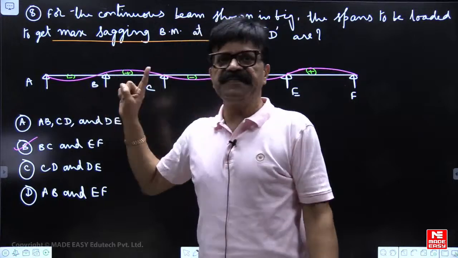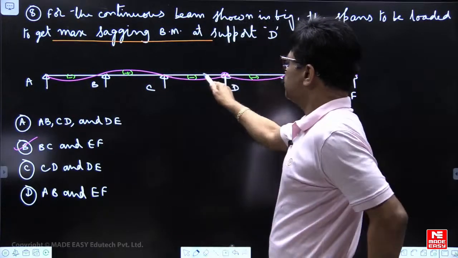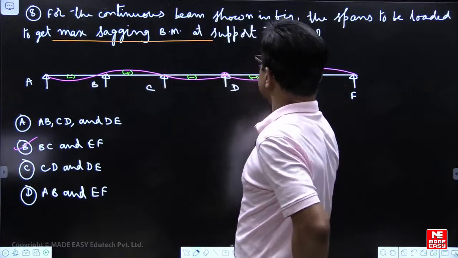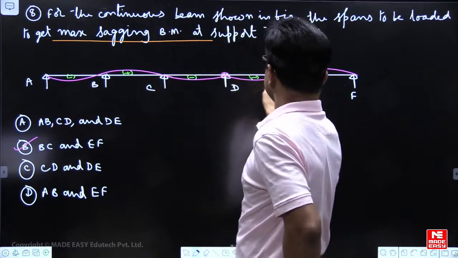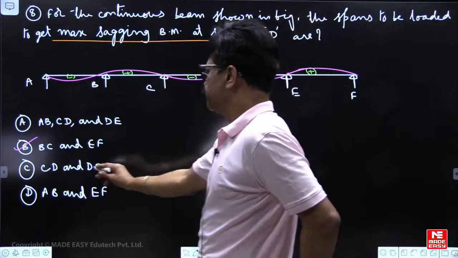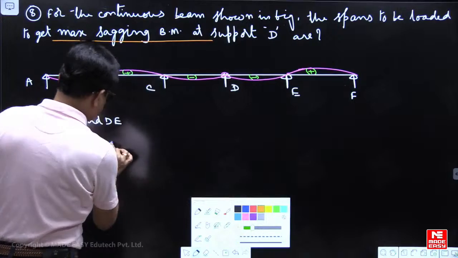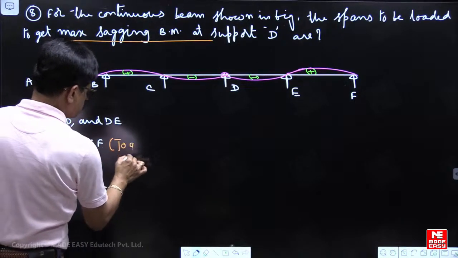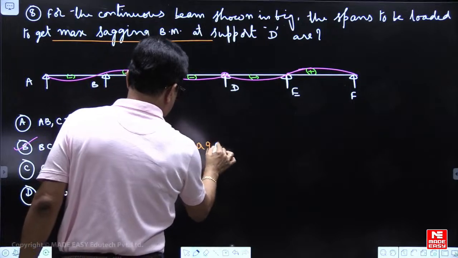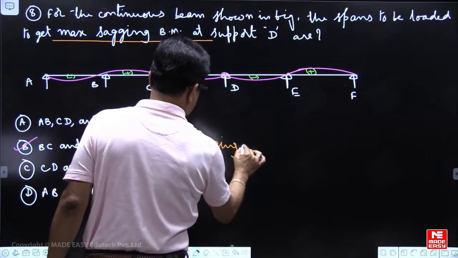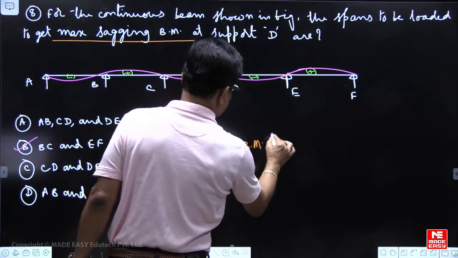That ILD will tell us which spans to load. So leave these two spans, load only these two. You will get maximum sagging bending moment, BC and EF, at D.